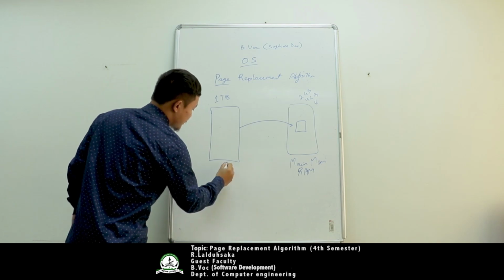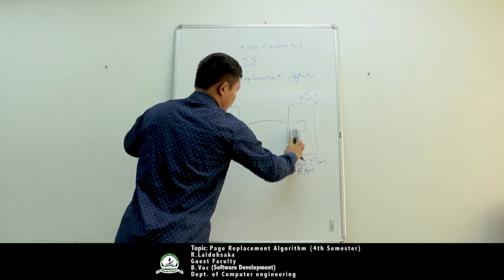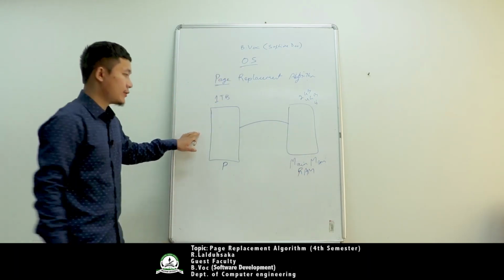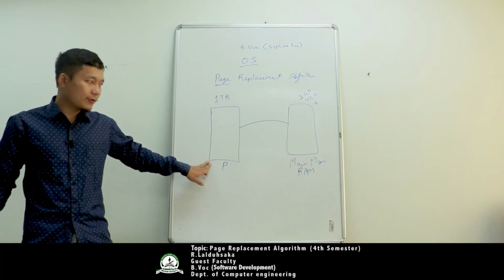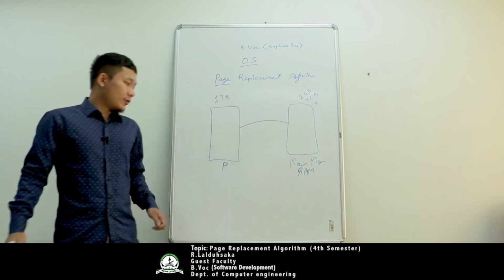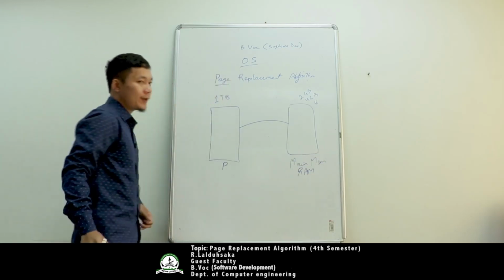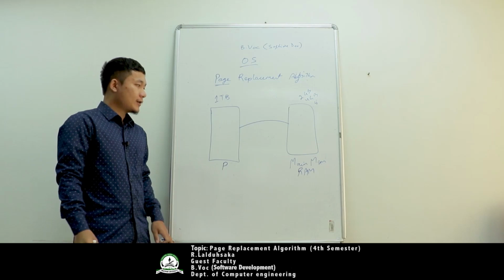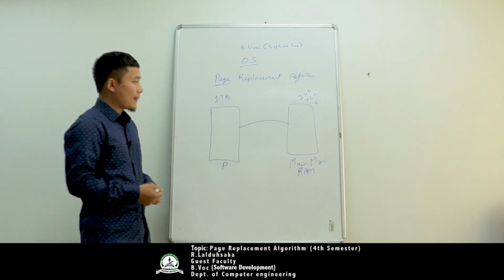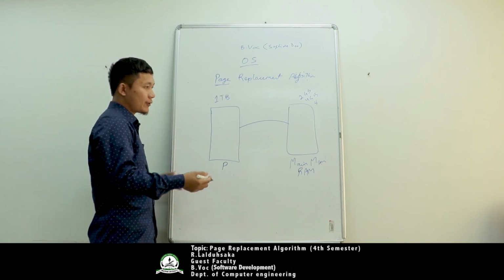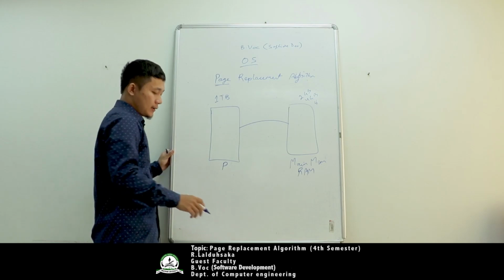We have to fit this process into the main memory, but since the process alone is larger than the main memory, we cannot put the whole process in the main memory. In this case, the concept of virtual memory comes in, which is just some part of the secondary memory. Since that is not our topic, we won't go through it.